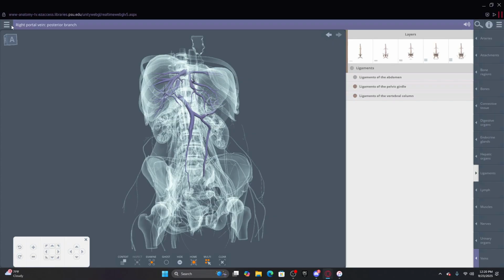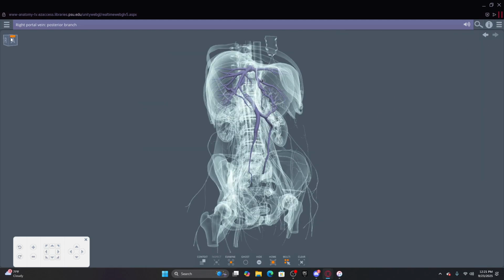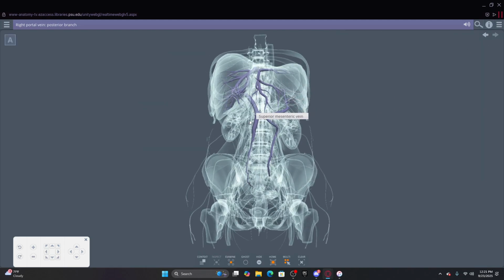But we know our spleen is in our general region. We've seen our spleen before. We have our spleen right on the left side of the body in this region. So we see our splenic vein going towards that. Our spleen would be right here. That's where our spleen would be.